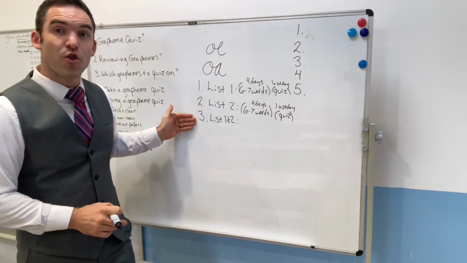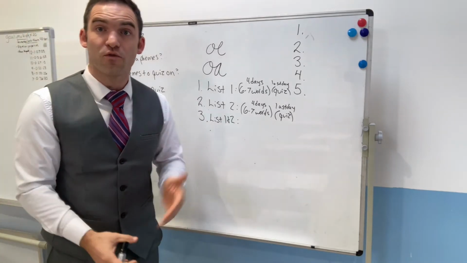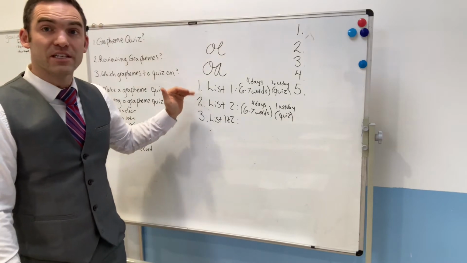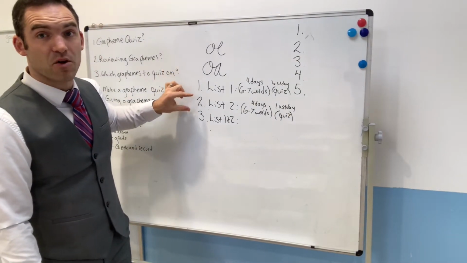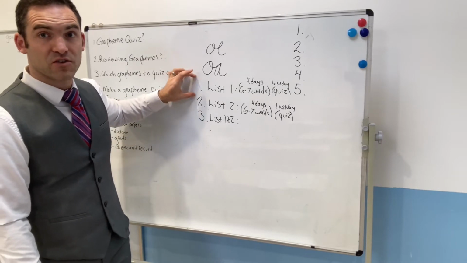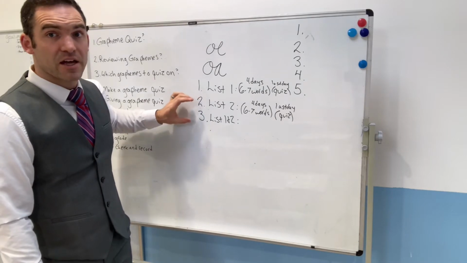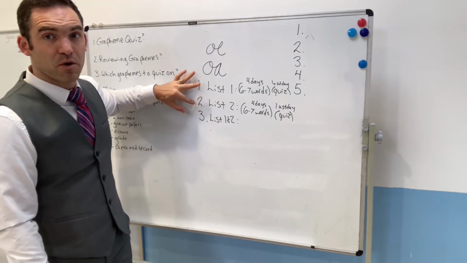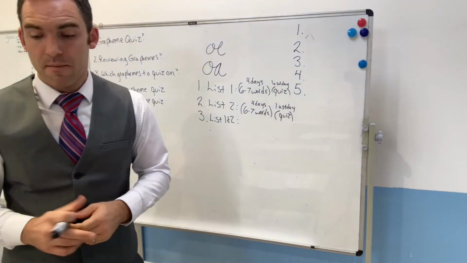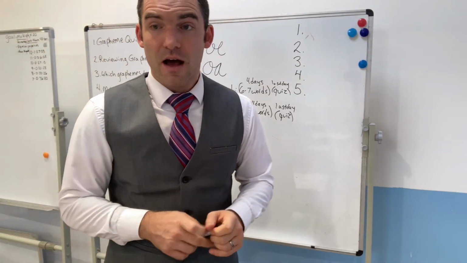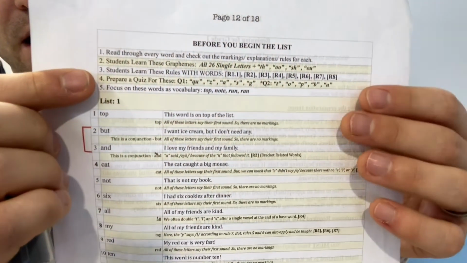When you get to this third week, where at the end of this week you're going to present a test over both of these, you need to be reviewing the graphemes that were a part of this week and a part of this week. Okay, so here you're reviewing a certain set of graphemes, here you're reviewing a different set of graphemes, and on this third week, you're going to put both of them together and be reviewing them with the students, okay?